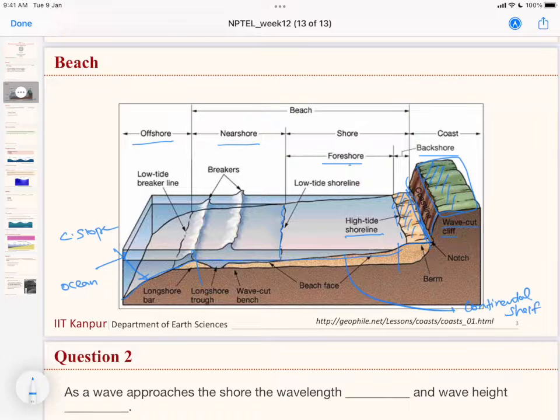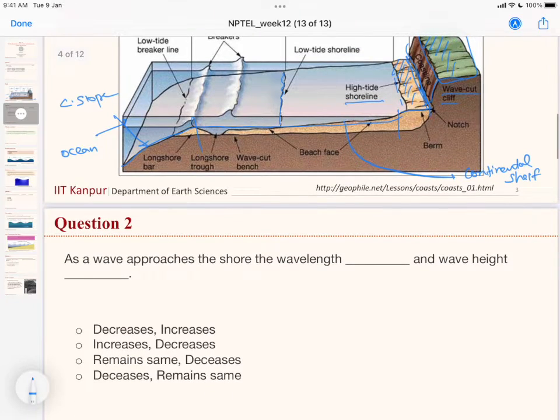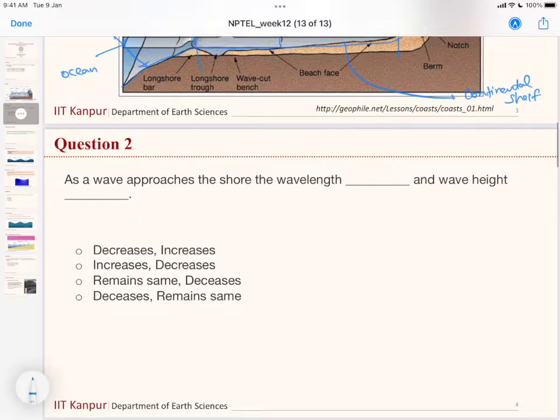Now moving to the second question, which I think is an interesting one: as a wave approaches the shore, the wavelength dash and wave height dash. Till now we have understood that in the ocean we encounter waves, but how they react when they approach the shore is a very interesting phenomenon, because whenever you go to the beaches, you must have seen how the waves come at the beach.